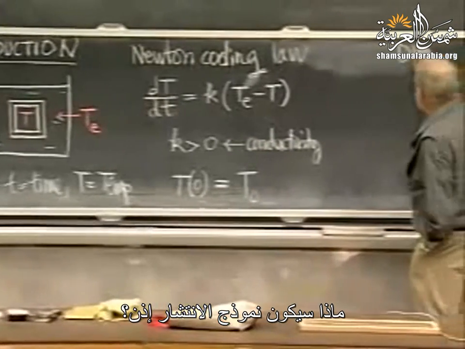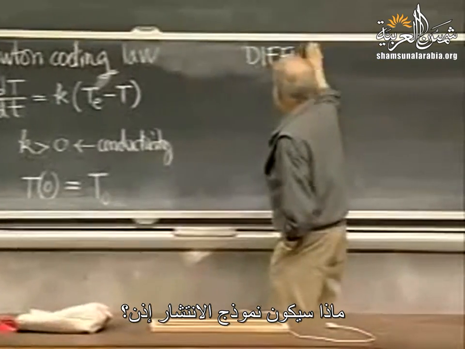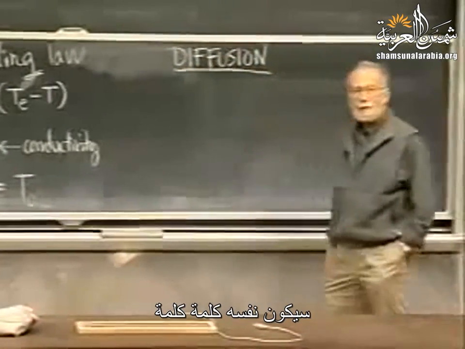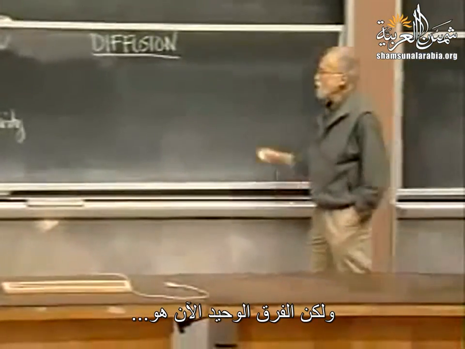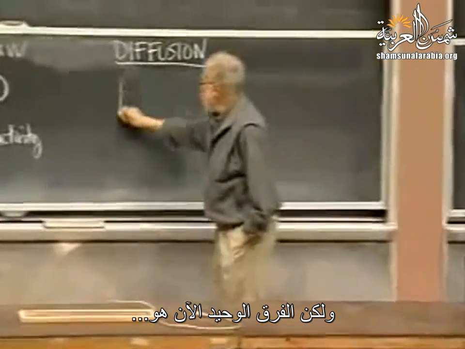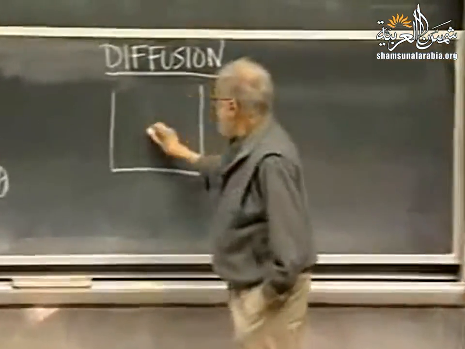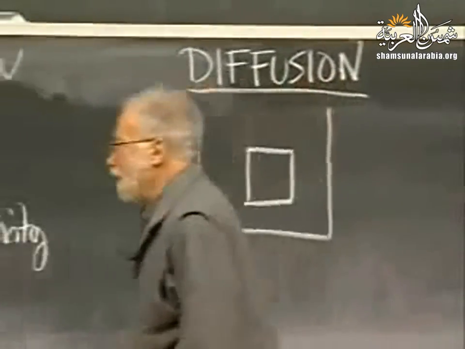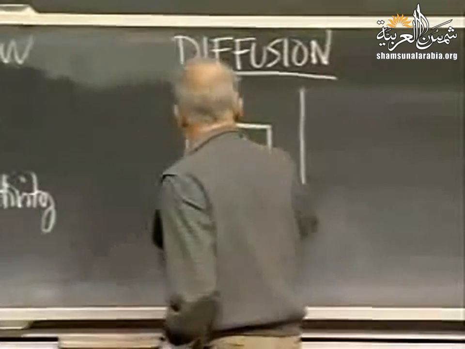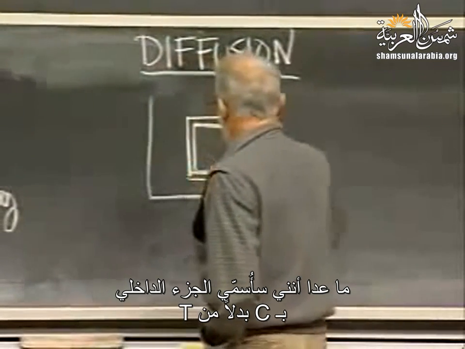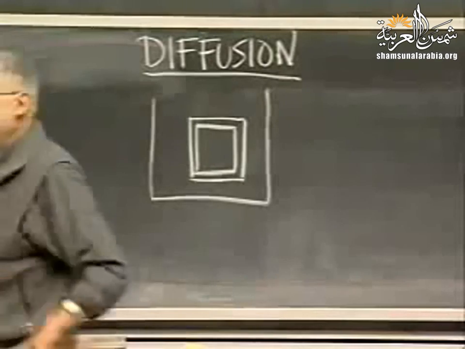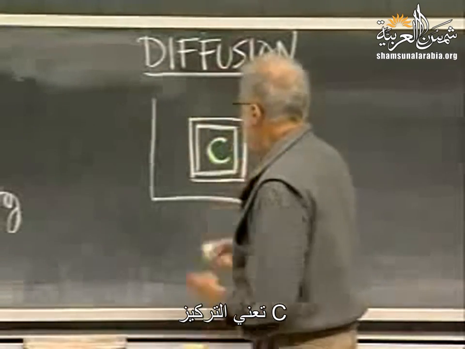What would the diffusion model be? The diffusion model mathematically would be word for word the same. The only difference is that now, I'll draw the picture the same way, except now I'm going to label the inside not with a T but with a C. C for concentration.